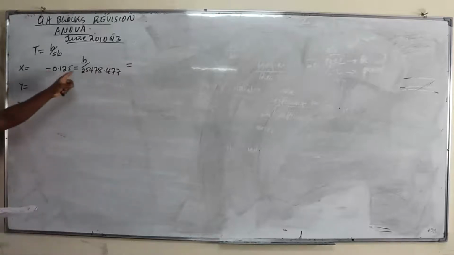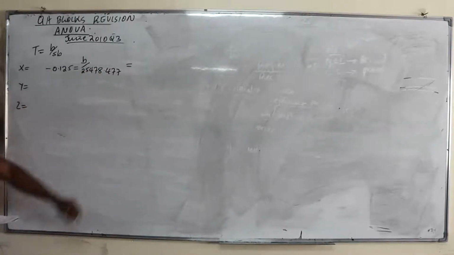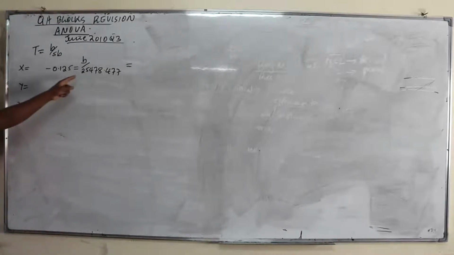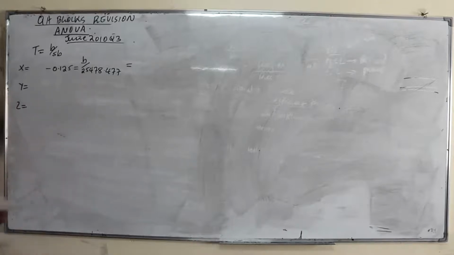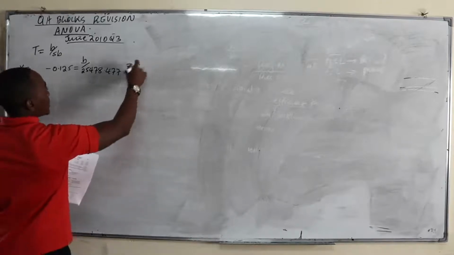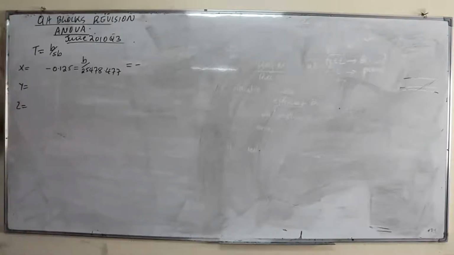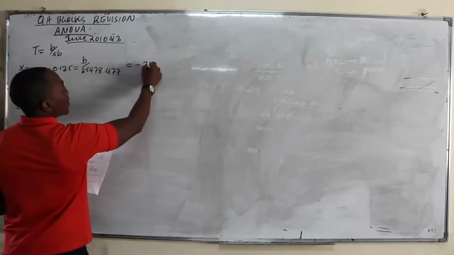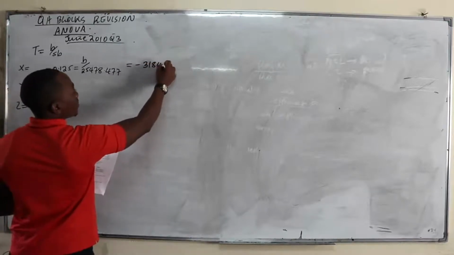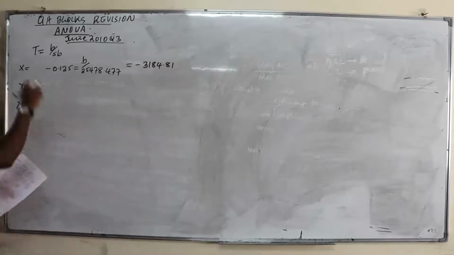To get B, you cross multiply, so you multiply that by that. Give it to 2 or 3 decimal places, negative 3184.81. Good.